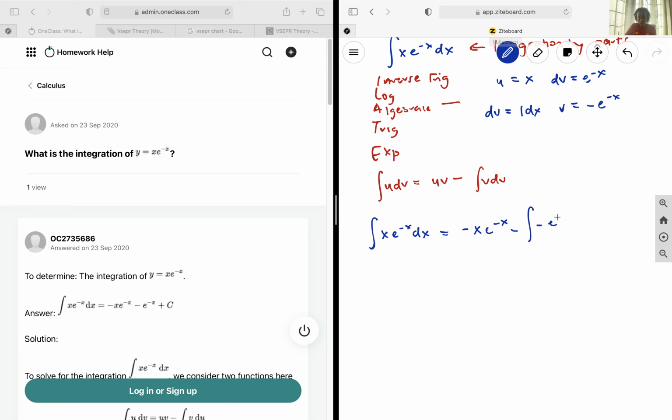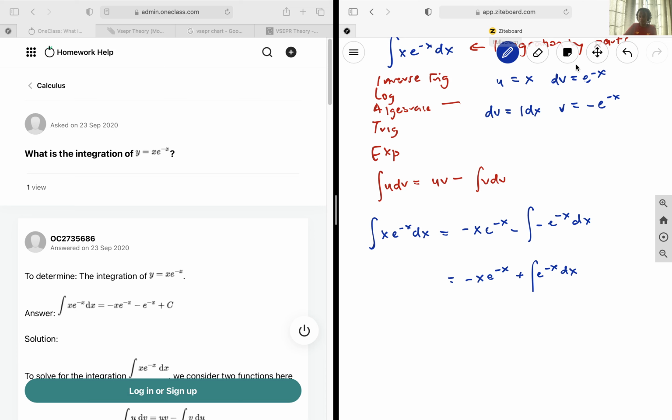So negative e to the minus x dx. We can pull out this negative and it becomes a double negative, so it's plus, so minus x e to the minus x plus the integral of e to the minus x dx.